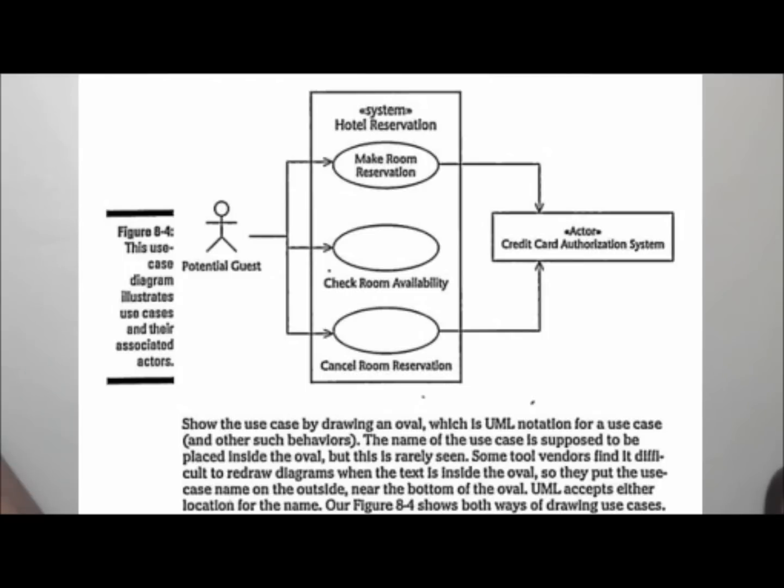You can see right in the middle, we've got our vertical rectangle, and it says at the top, system, hotel reservation. Off to the left, we've got our actor. They are a potential guest. And this potential guest has 3 use cases here, 3 ways we are using the system, shown by the 3 different ovals.